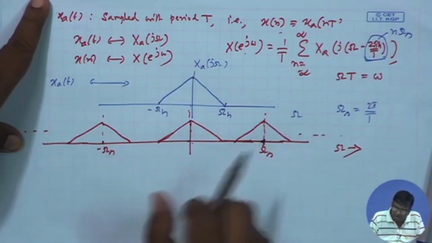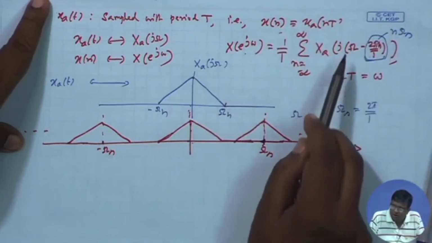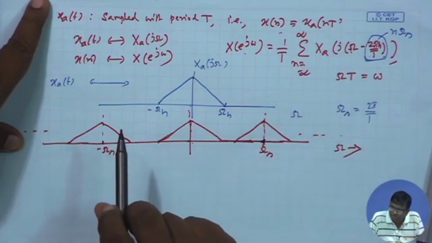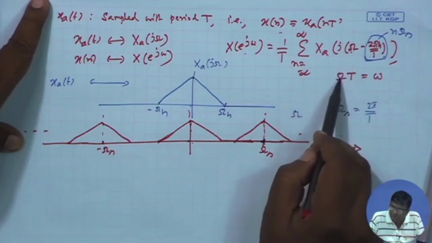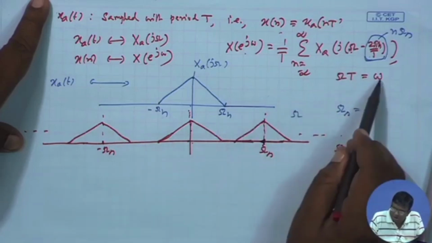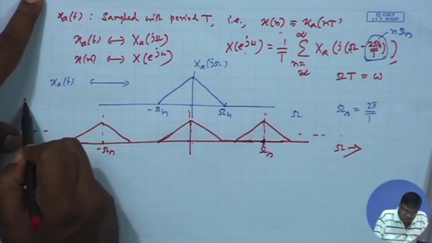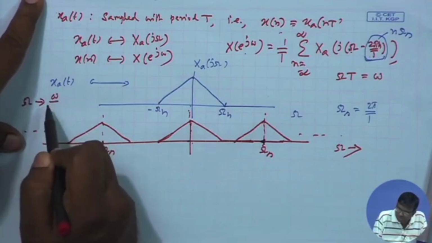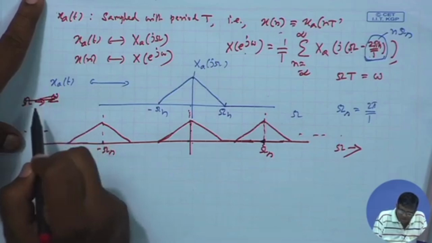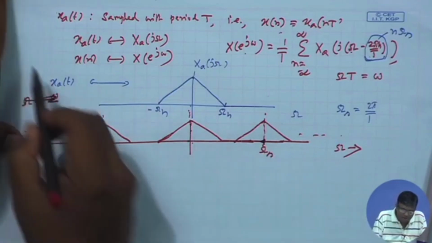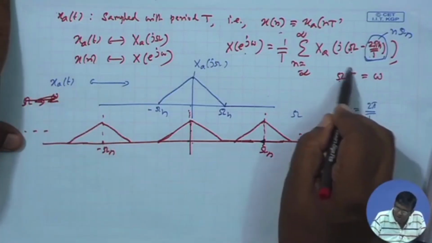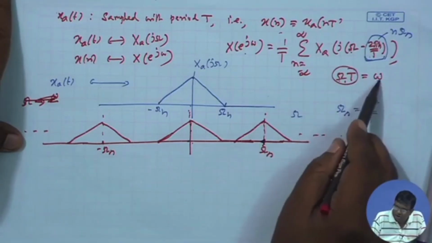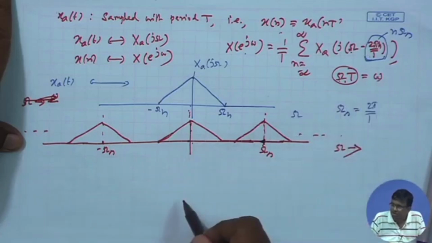Then you have to write this as a function of not capital omega, but as a function of small omega. So, wherever there is capital omega, you multiply capital omega by T. It will amount to that much small omega.